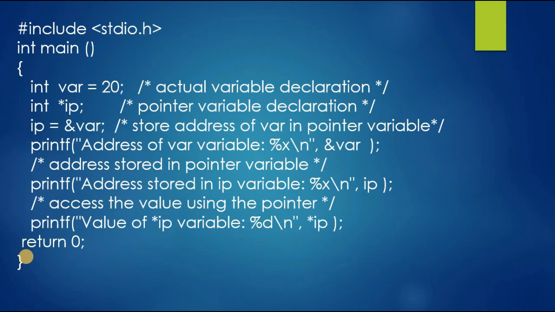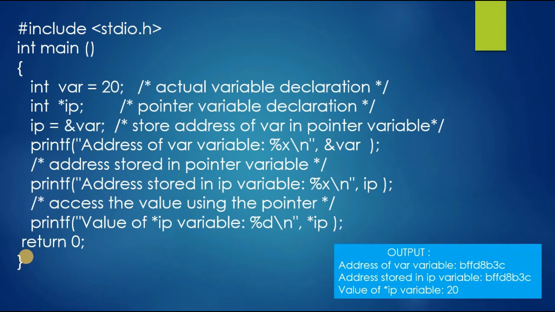When the program executes, what type of output will we get? We will get an output like this. It shows the address of the var variable, the address of the ip variable, and the value of the ip variable is 20. The address of the var variable is where it is stored in memory. The pointer variable's address is where it is stored in memory.